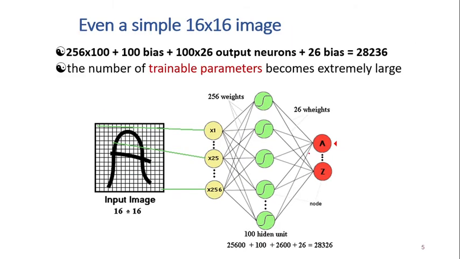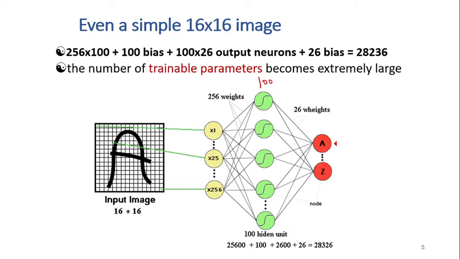Now if you are dealing with a simple ANN model, how many parameters do we require? Suppose we have a 16 cross 16 image, and in the hidden layer we have just 100 nodes. In that case, how many weights do you require here? 256 into 100 plus 26 bias.